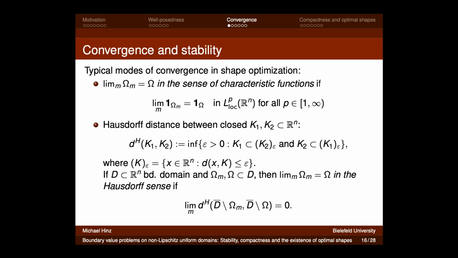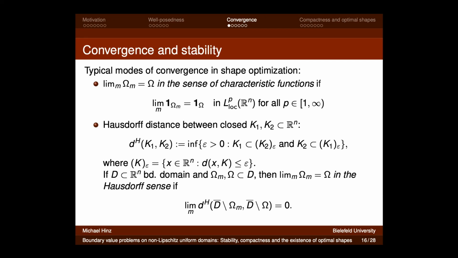So if this is K1, and say this is K2, we want K2 to be contained in the epsilon parallel set of K1. So this is epsilon, and we ask for the minimal epsilon such that this happens, and we ask this question in a symmetric way.